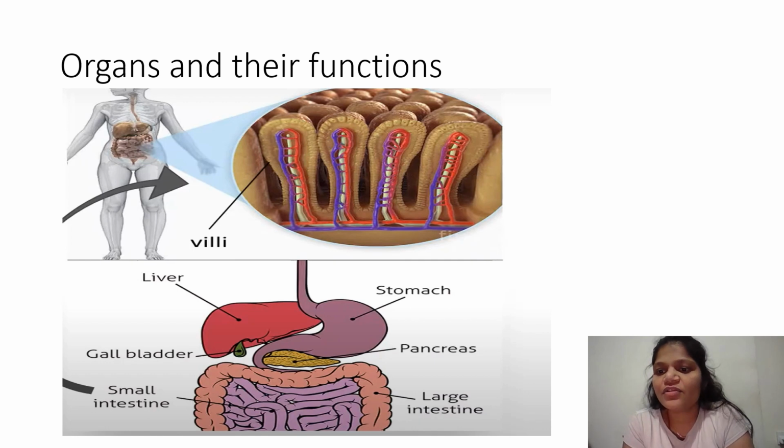The bile is used to break down fat globules, providing a large surface area for the enzyme pancreatic lipase to digest fats into fatty acids and glycerol.